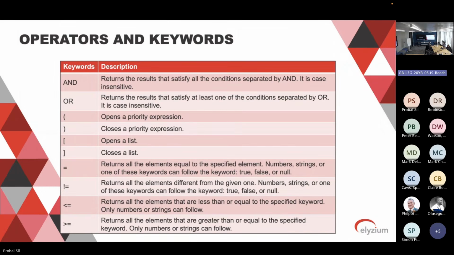These are all of the different operators that you have. As we've just seen, job stream name equals, you have all of these, and then you've got the Boolean operators as well. And you can start using brackets in order to group things together. Square brackets are used for lists.